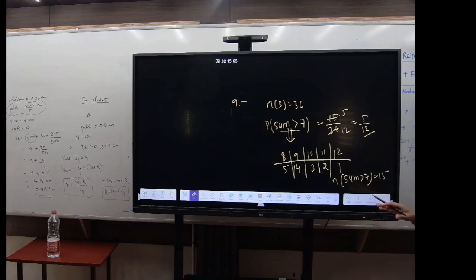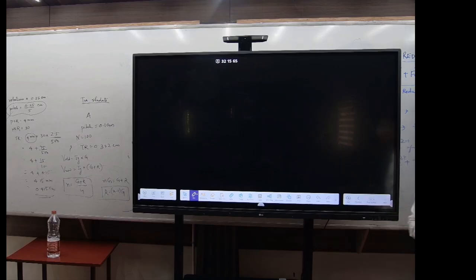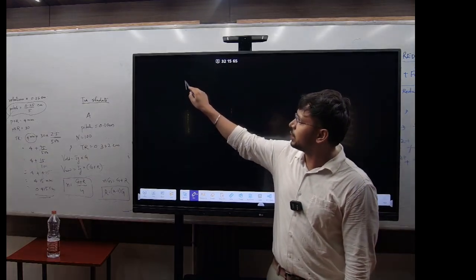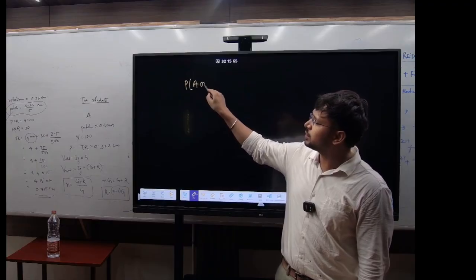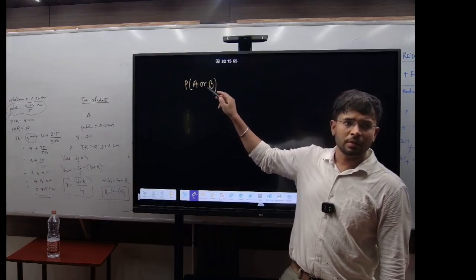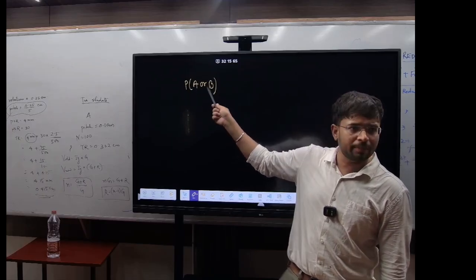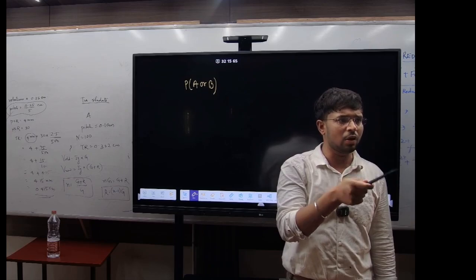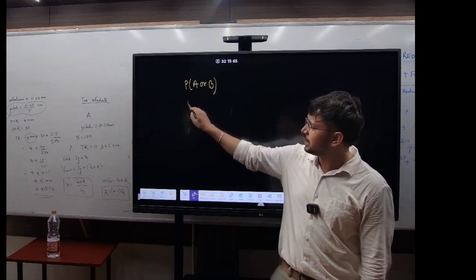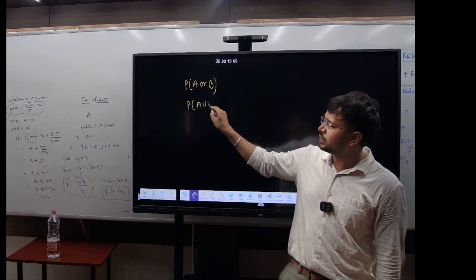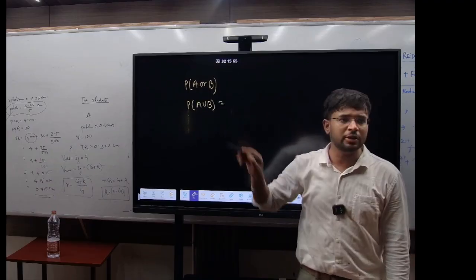Now there are a few things. Do you guys know what the probability of A or B is? What does this mean? The probability that A or B should occur, either A or B. So this is basically the probability of A union B. What is the formula for the probability of A union B?